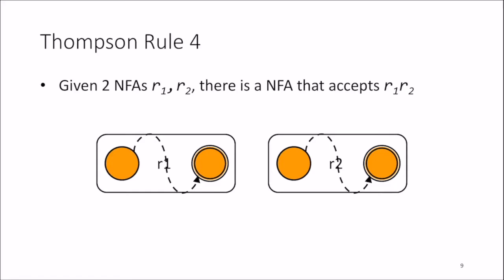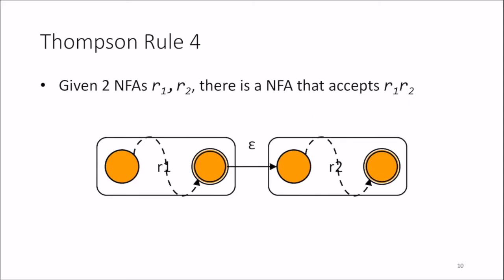The same idea, but for concatenation, is the topic of rule 4. Let's say I have an NFA for R1 and an NFA for R2, and I want to concatenate them together. What I would do is take the final state of R1 and connect it to the start state of R2. I'm taking R1 and I want to make sure that all the strings of R2 can follow R1, so I just create this transition to link them up.